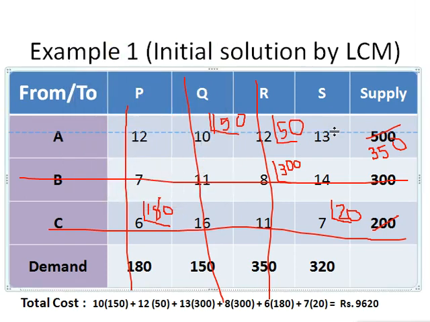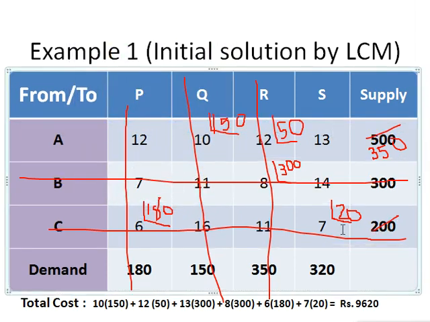What can we allocate here? We have 300 quantity remaining, 50 is consumed, and out of 320, 20 is consumed, so we can allocate 300 here.